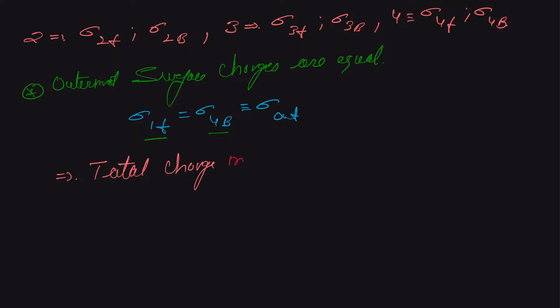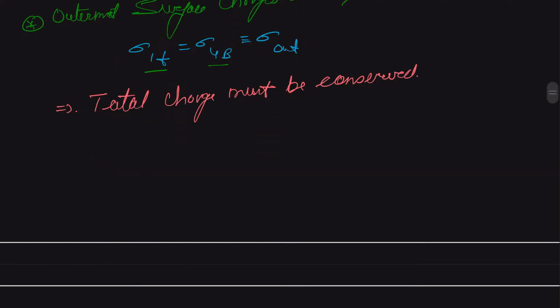Because we are dealing with surface charge density, in terms of our charges, we can write this as the sum of all surface charges is equal to Q1 plus Q2.